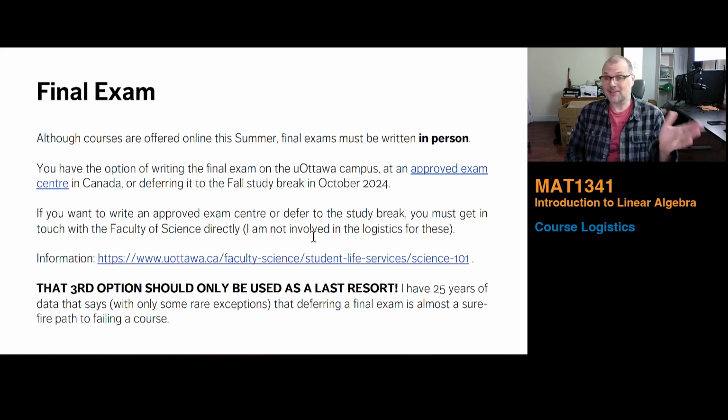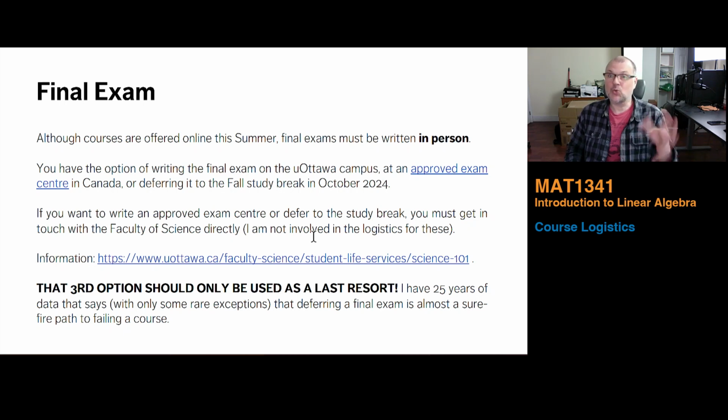My data says that typically when people get a deferred exam, half the time, a bit less, but roughly half the time, they don't even go to the deferred exam. And amongst those who do write the deferred exams, the average is substantially lower. The final average is substantially lower than those who actually wrote the exam when it was supposed to be written.